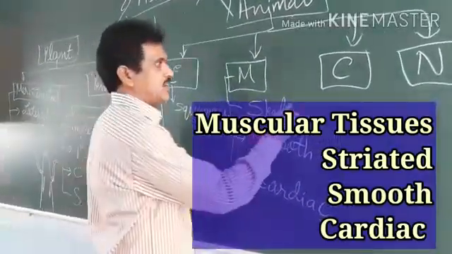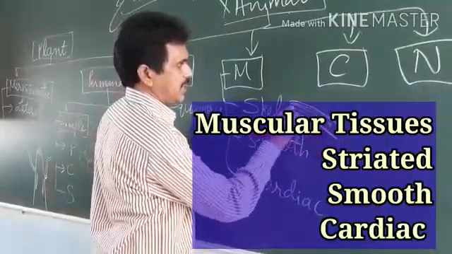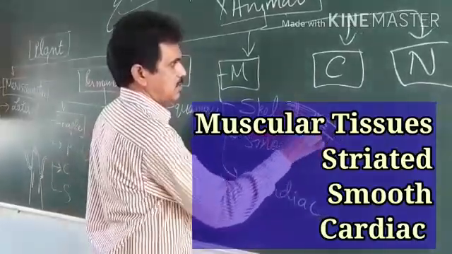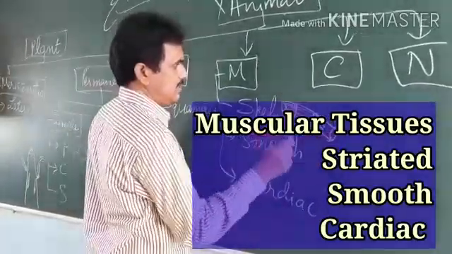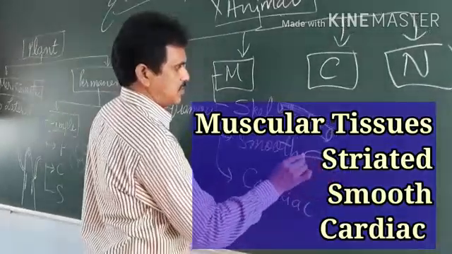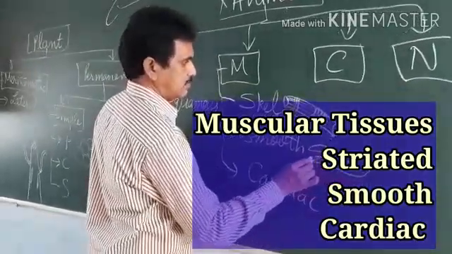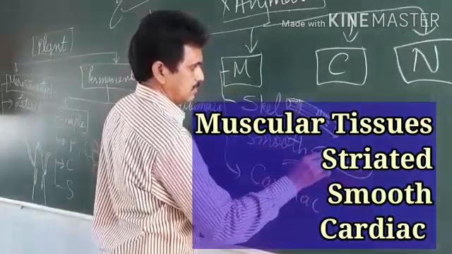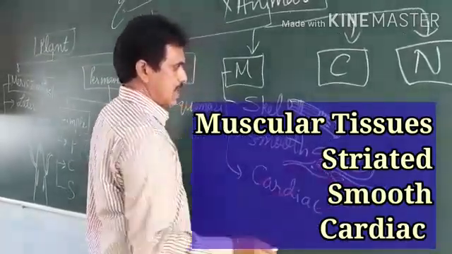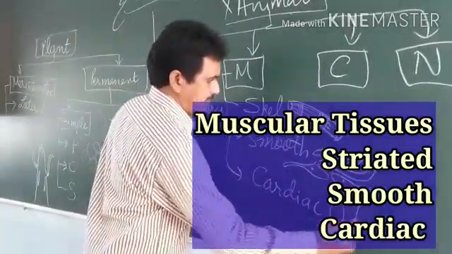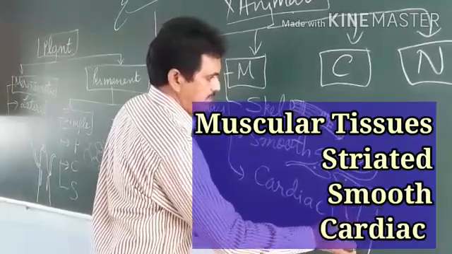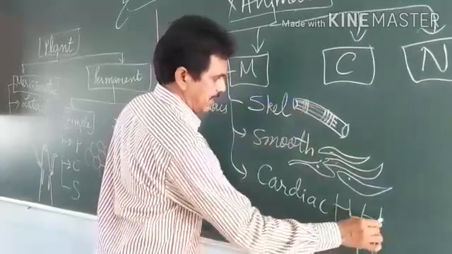Again, the structures of the muscle fibers and the striations, do you remember? We have learned the spindle shaped structure and the cardiac muscles, which show even branches here and there, right?